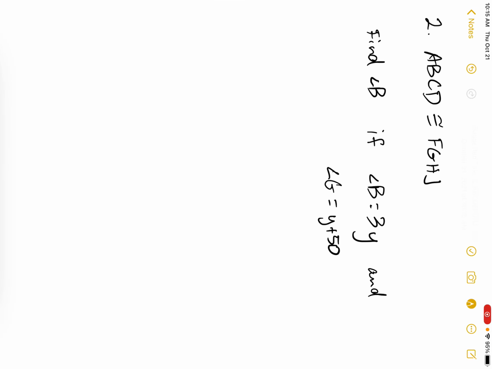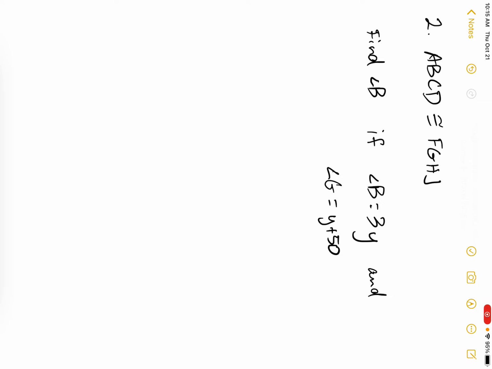So this goes back actually to a couple of those days of notes from the beginning of this section, back when you learned about corresponding parts of shapes. When you're talking about corresponding parts between two shapes, the order that you're going in matters.